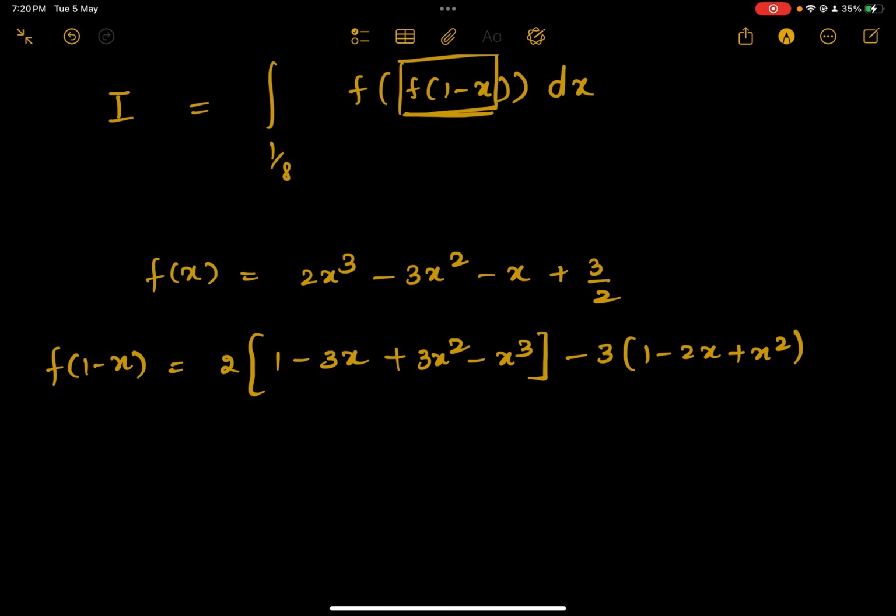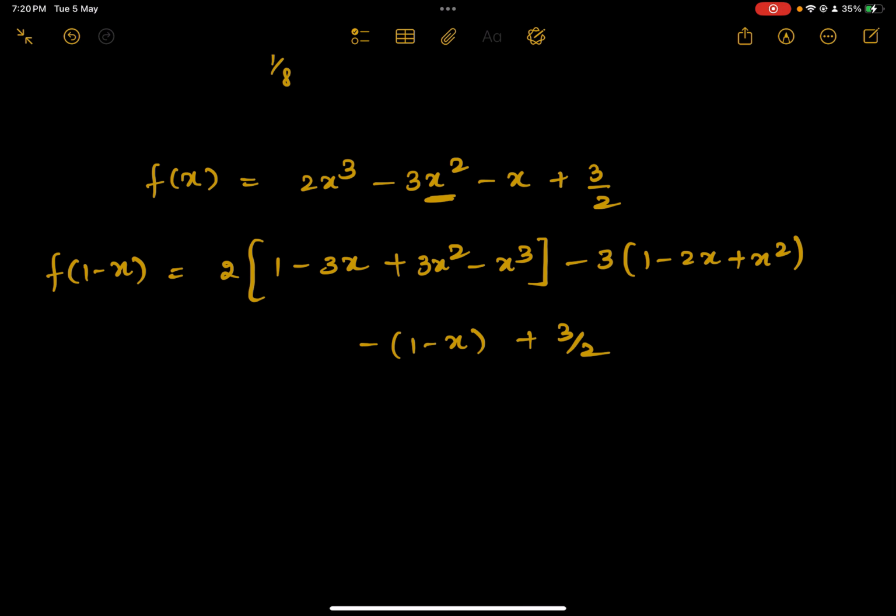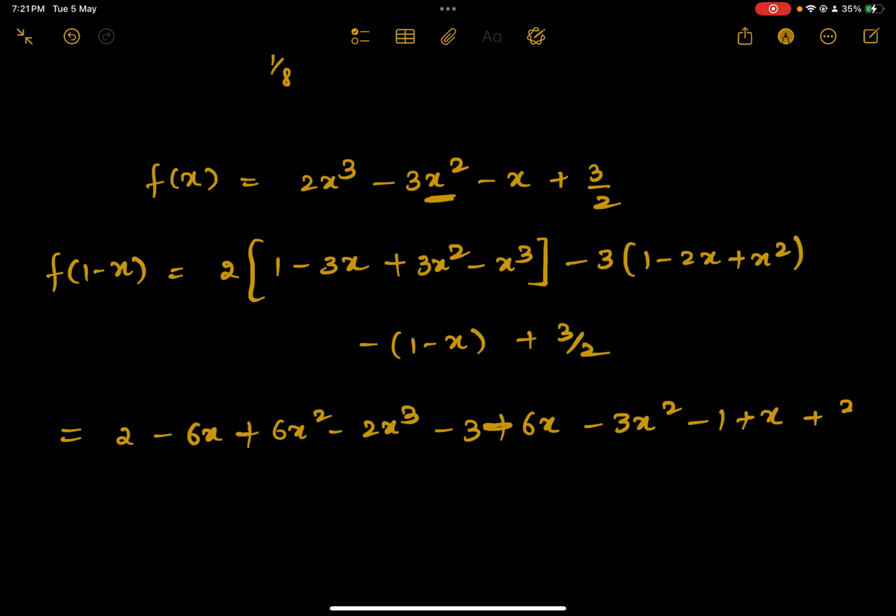When you replace x by 1 minus x, you will get this, minus (1 minus x) plus 3 upon 2. Alright, so now you have 2 minus 6x plus 6x square minus 2x cube, minus 3 plus 6x minus 3x square, minus 1 plus x plus 3 over 2.